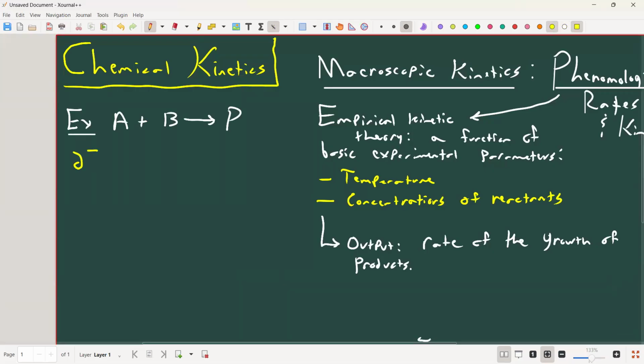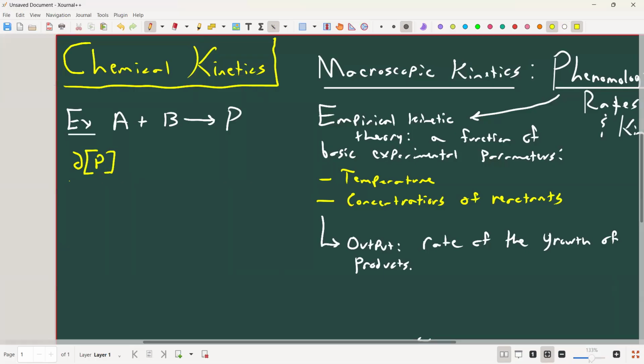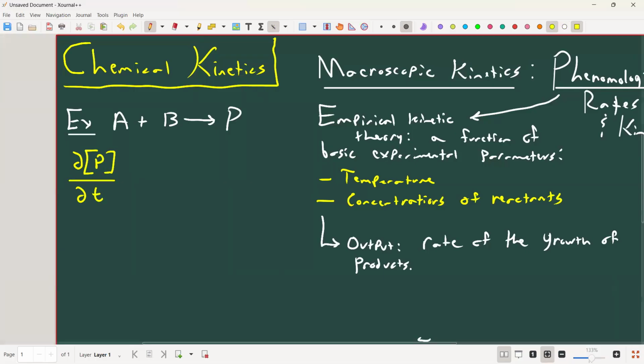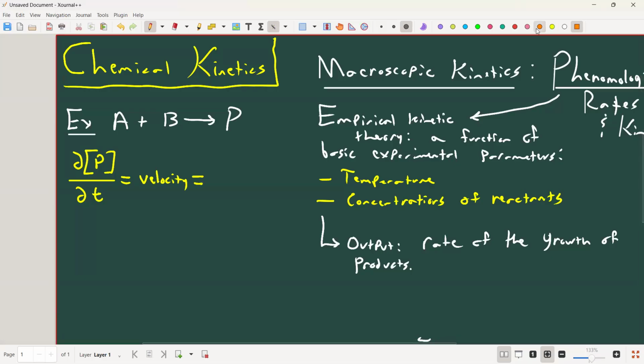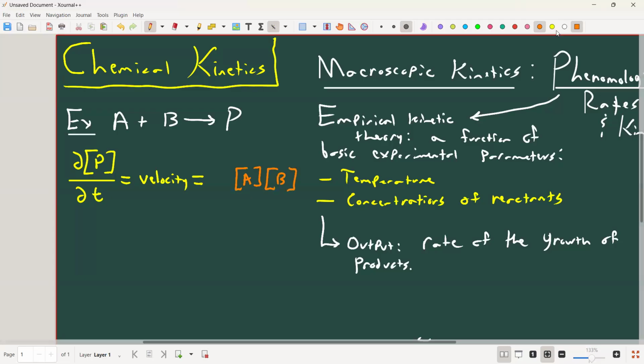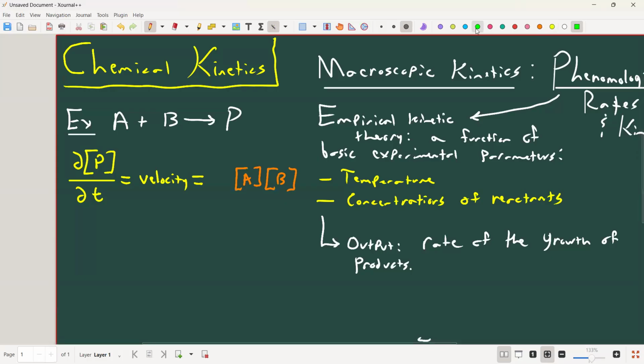In an experiment, we could say that the derivative of the concentration of P with respect to time, what we call the velocity, how fast the products form, is equal to the concentrations of the starting material times some proportionality constant, which we call k_R, the rate constant.